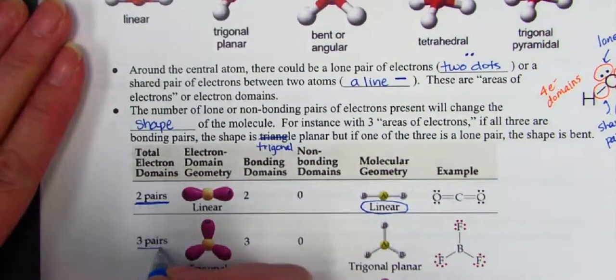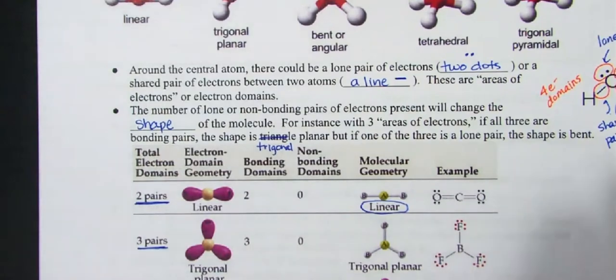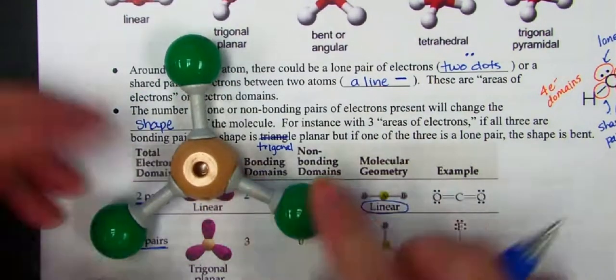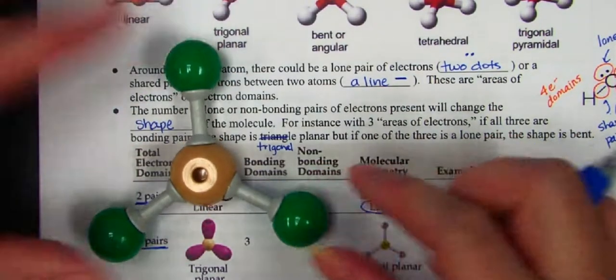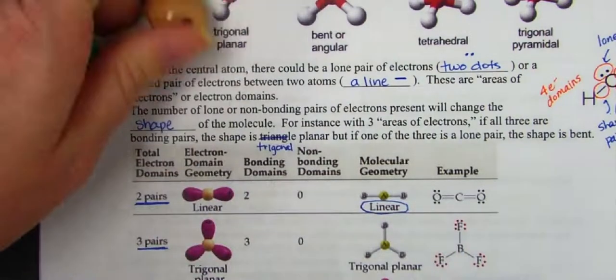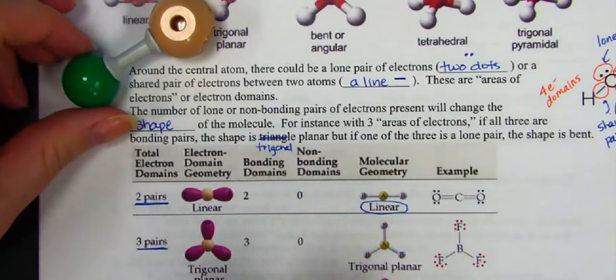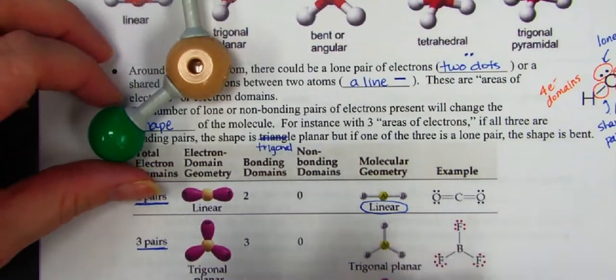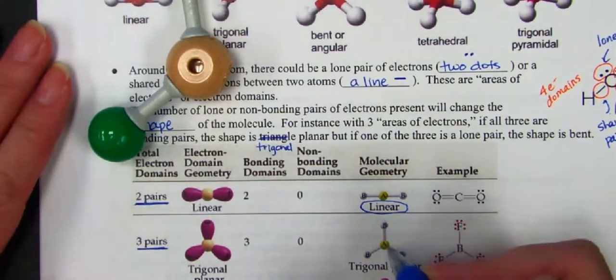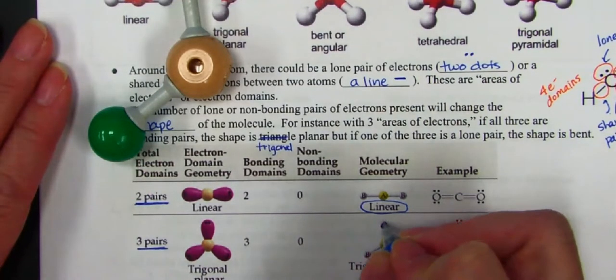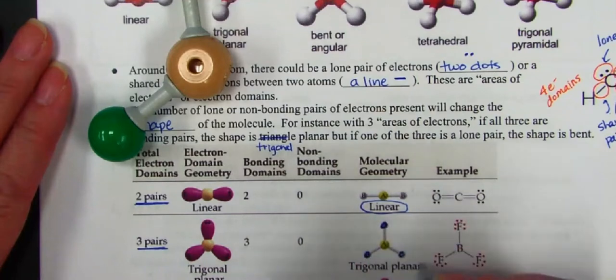If I have three pairs of electrons, then the three pairs can either be connected to bonding atoms, or I could have two bonding atoms and one lone pair of electrons. Remember that lone pair is all by itself. If I have three bonding atoms, my shape is going to be trigonal planar.